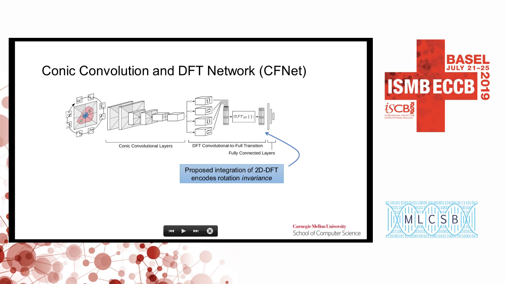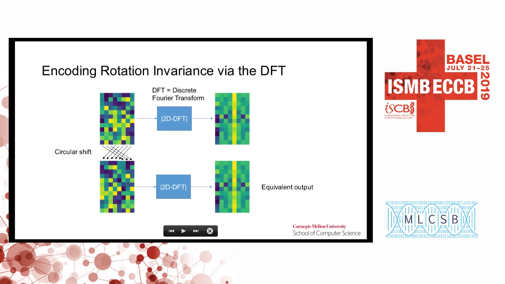which is the integration of the 2D DFT for encoding rotation invariance. So to explain this step, I need to first review an important property of the 2D DFT and why we use it. So here we consider a random matrix, a two-dimensional matrix. We pass it through the 2D DFT, and we take the magnitude response, and we get our output here.